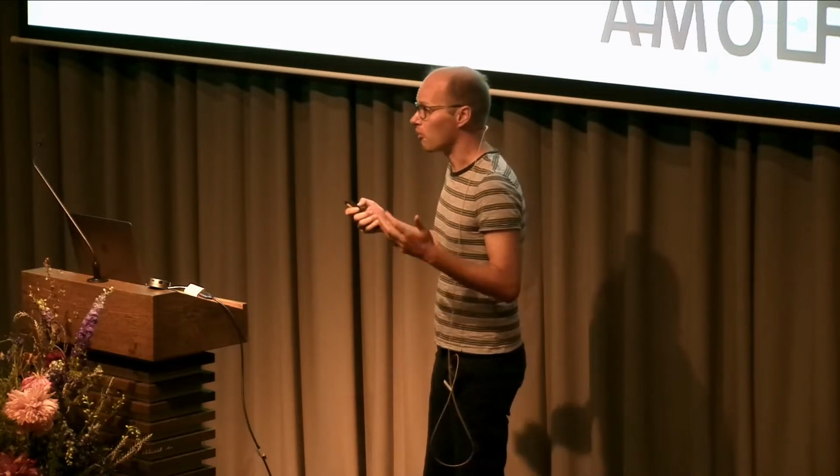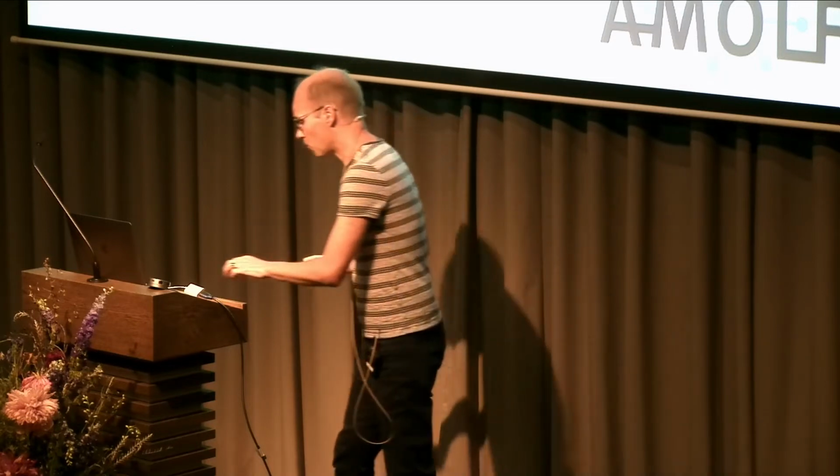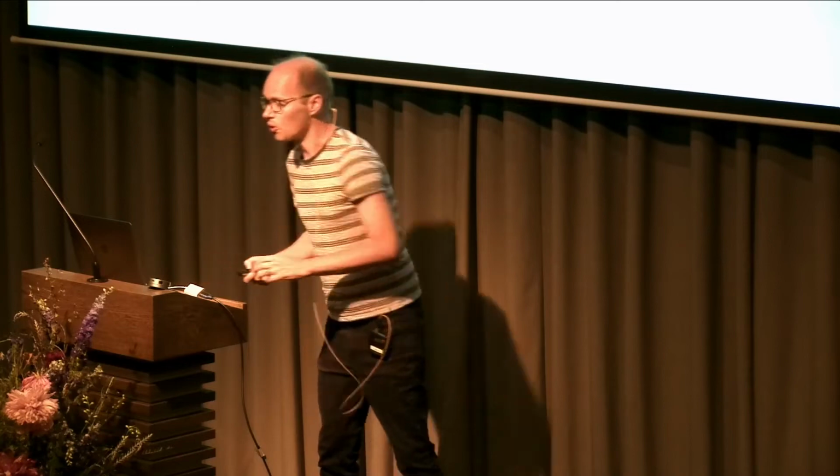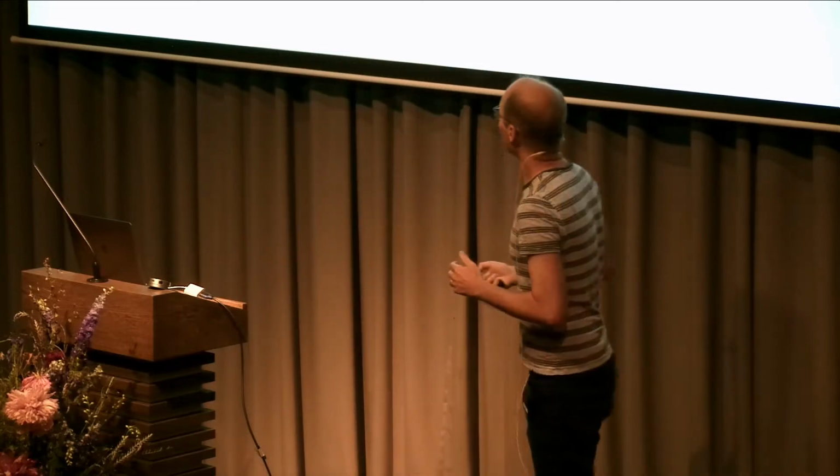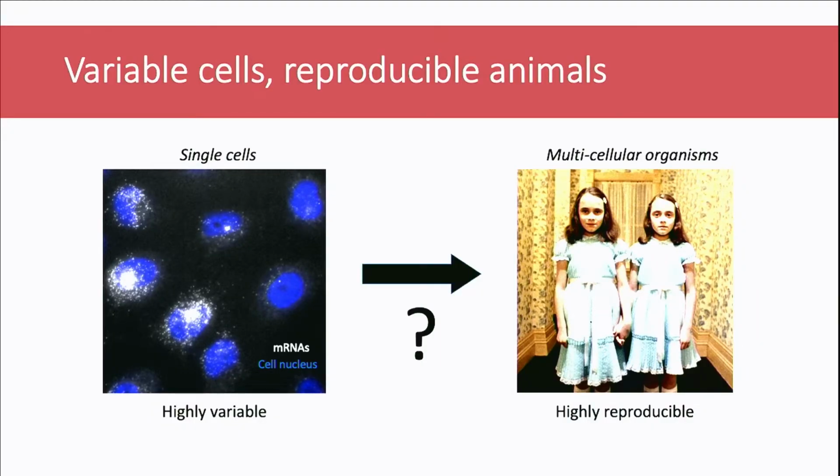And before I tell you what I mean by that, I first want to give a little bit of background of my group and how and why organoids entered it. So as Craig mentioned, I'm a physicist studying developmental biology, and the research in our group is really driven by this central mystery that is highlighted here, that was also alluded to yesterday in some of the talks.